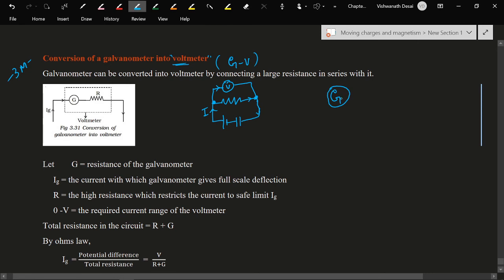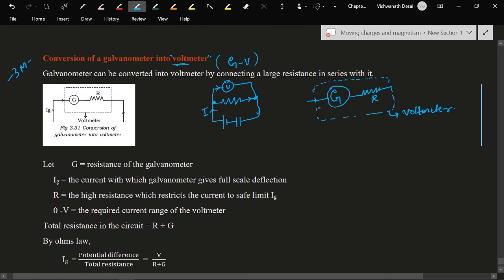But its resistance can be made high by connecting a series resistor with it. If you connect some high value resistance in series with the galvanometer, then this system has higher resistance, and this system can be used as a voltmeter.